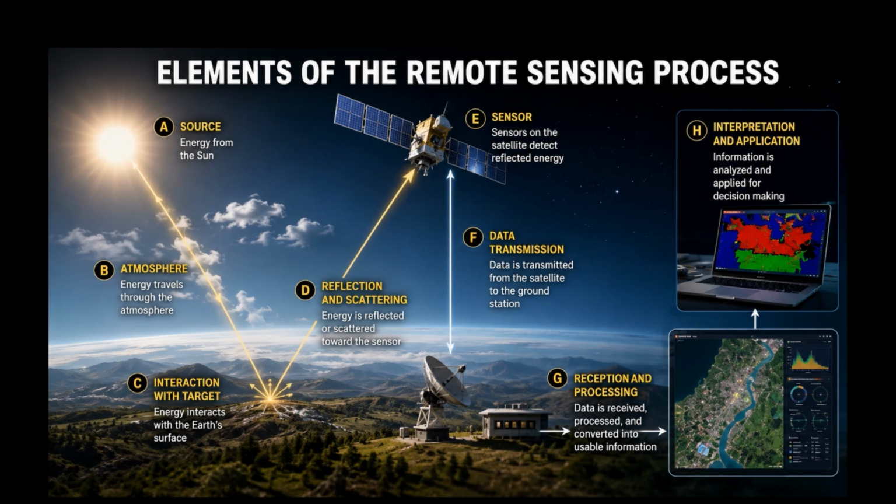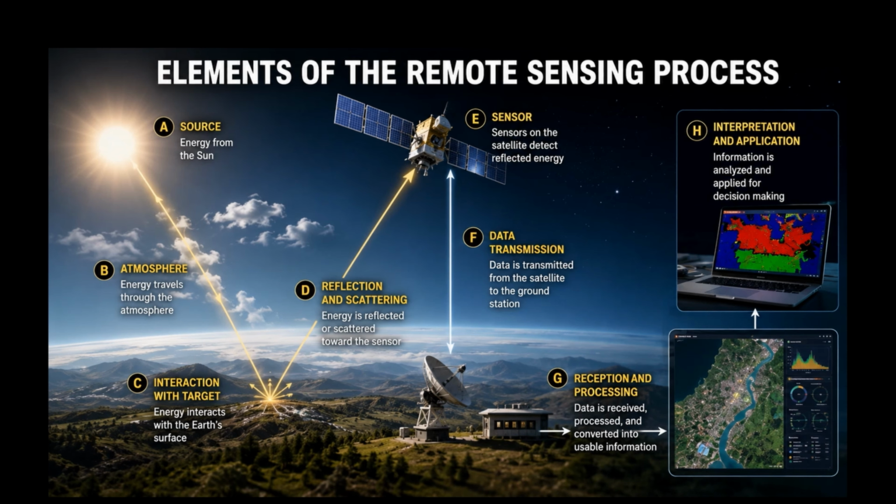Have you tried this bit of test? Let's have the answer once again. We said A is the energy from the sun. B is when the energy travels through the atmosphere. C is when the energy interacts with the Earth's surface. D is when the energy is reflected and scattered towards the sensor. E is when the sensor, that is the satellite, detects the reflected energy.